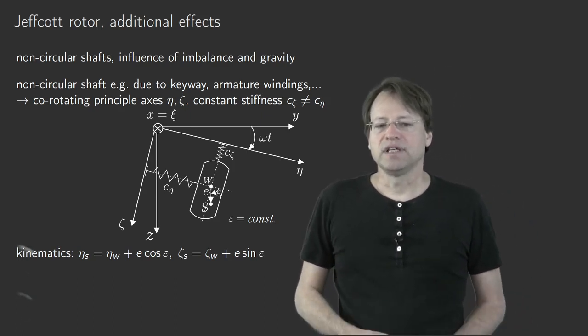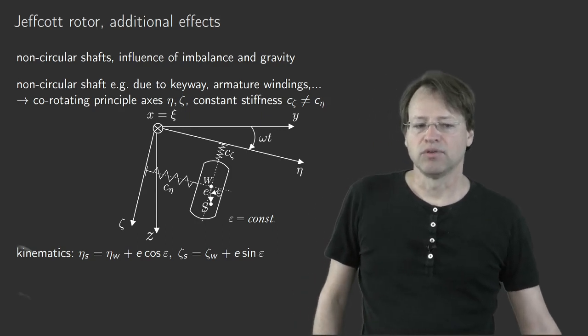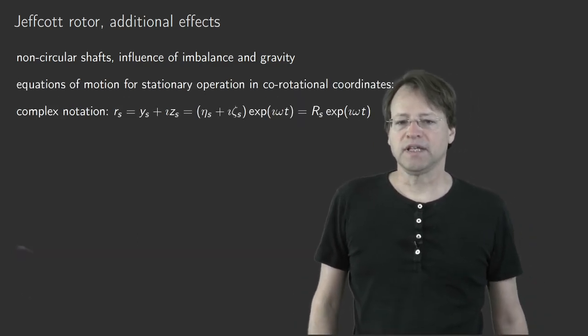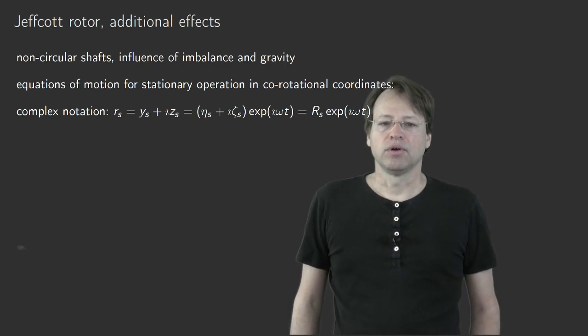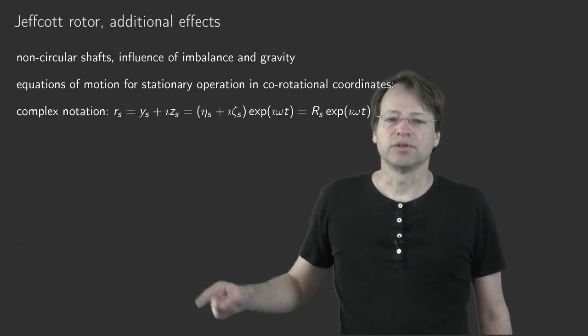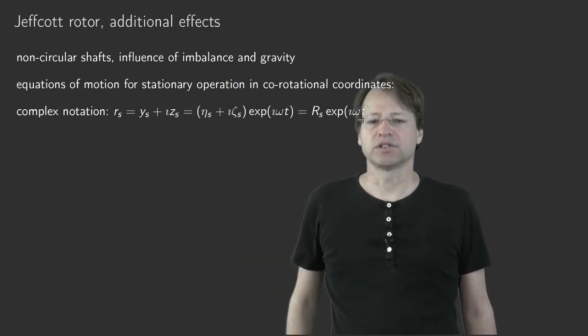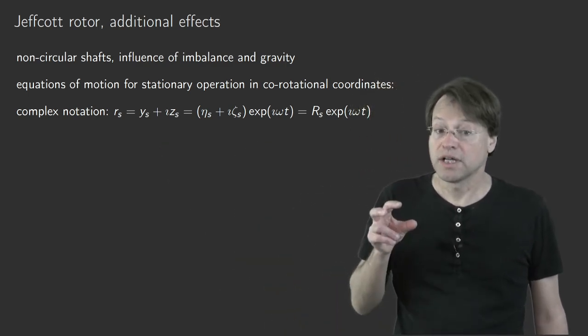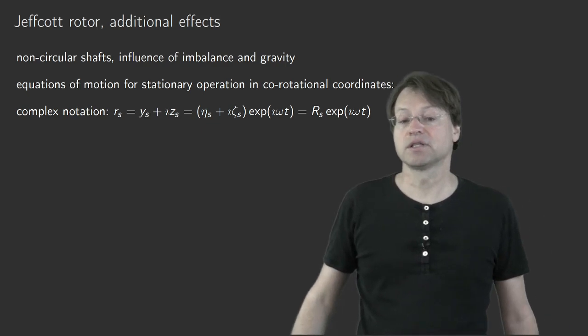Now, in order to derive the equations of motion, things are a little bit more involved. For the equations of motion, I would like to introduce a complex notation in order to derive them. So we will start with the space-fixed coordinate system.